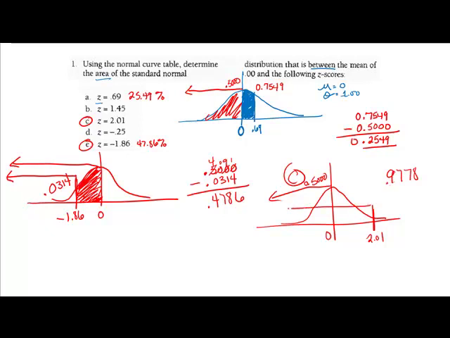So that's how much we go from here to here. But I only want this part. I'm going to subtract 0.5. And the answer was 47.78%. Alright, if you're playing along at home, hit pause, and do B and D, and then check back in after you unpause.